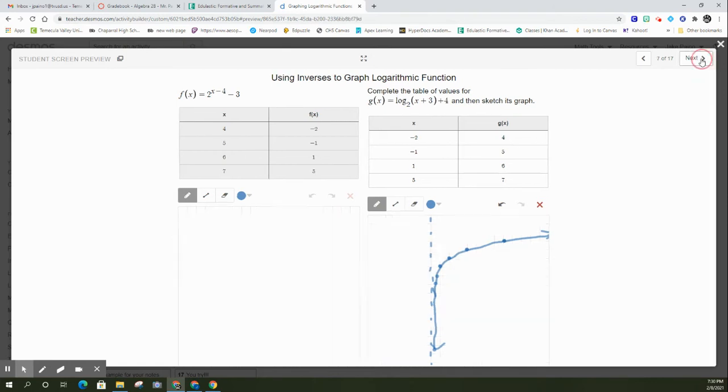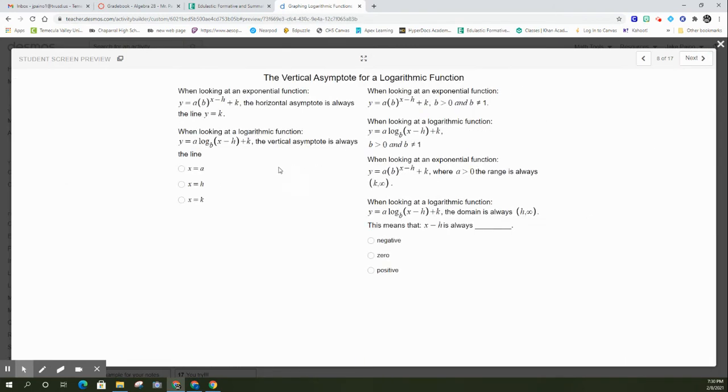So that's always going to be true. It's x equals, because it's vertical, not y equals. So whatever h is, I'm always going to have a vertical asymptote at x equals h.